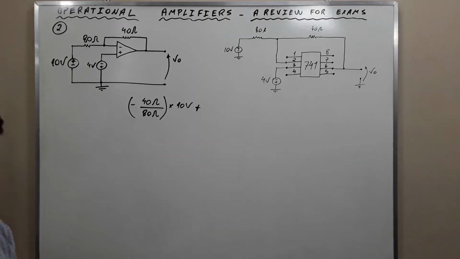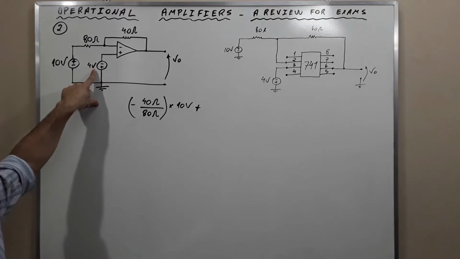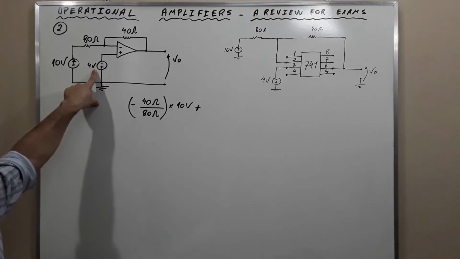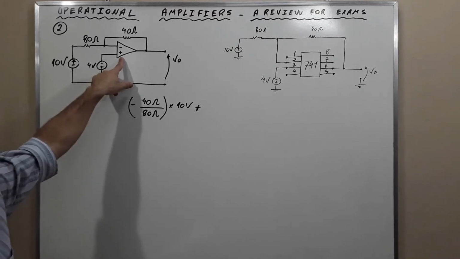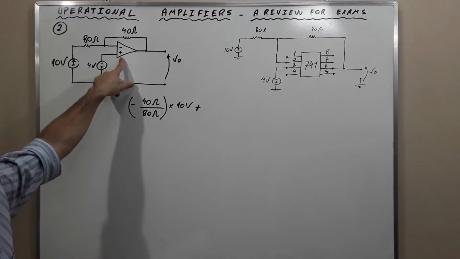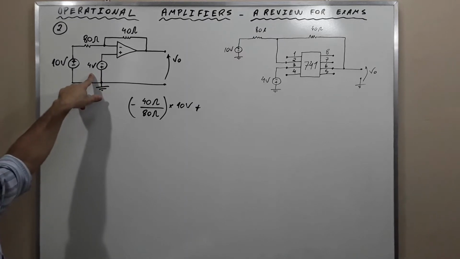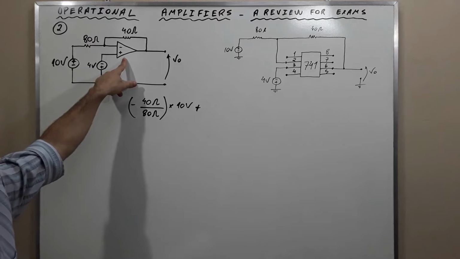But observe that the polarity here is inverted. We are not connecting the positive terminal of the battery to the positive terminal of the operational amplifier. We are connecting the negative terminal of the battery to the positive terminal of the operational amplifier.